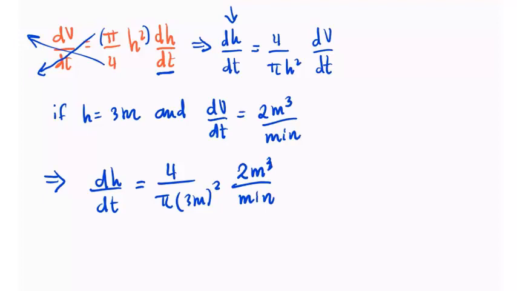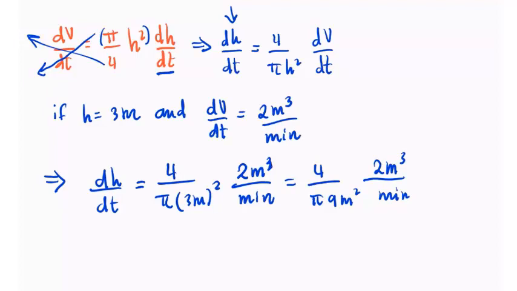So we have 4 over pi times 3 squared is 9, meters squared, multiplying 2 meters cubed per minute.